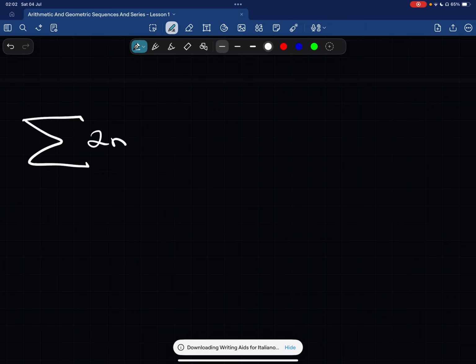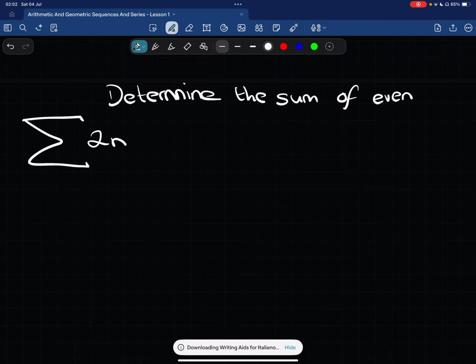So if your question is determine the sum of even numbers from 1 to 20.